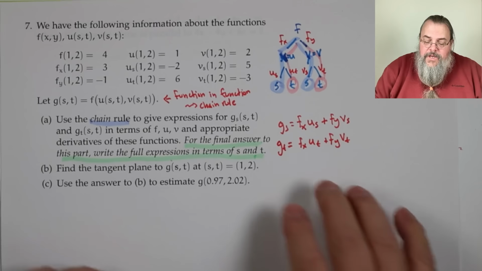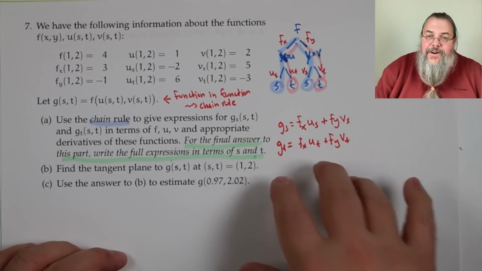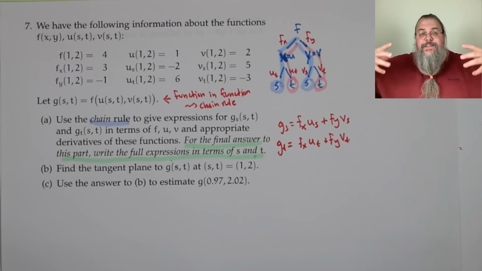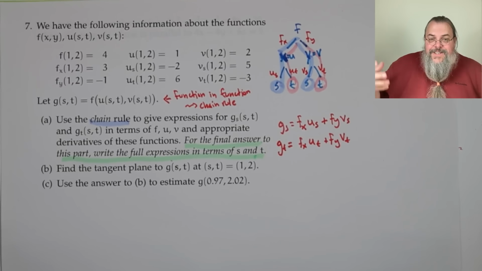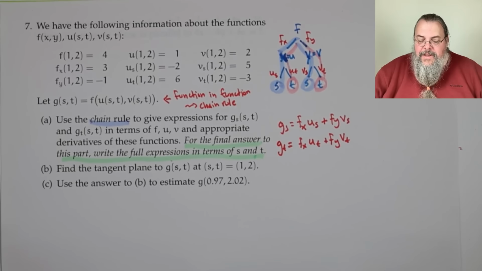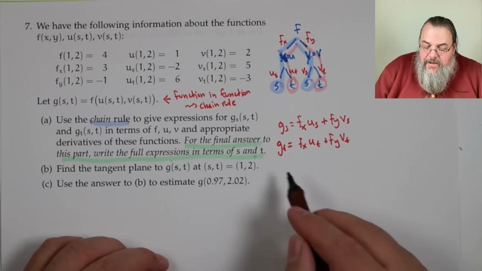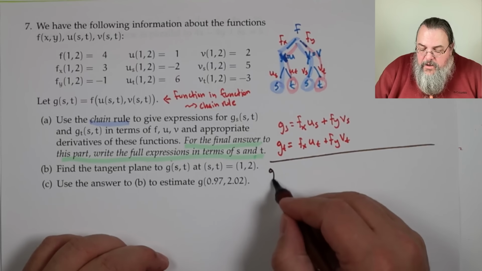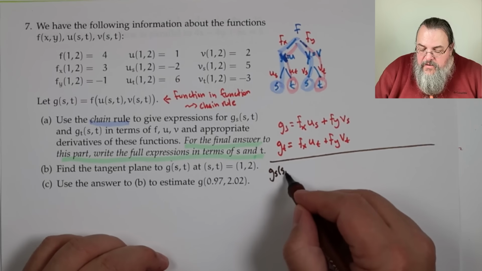So what we're doing here is we're suppressing the arguments of things, right? So really, g_t is a function of s and t. And so we're going to put it all on the table. We're going to rewrite this, but spell it all out in small letters, because otherwise we'll run out of space.